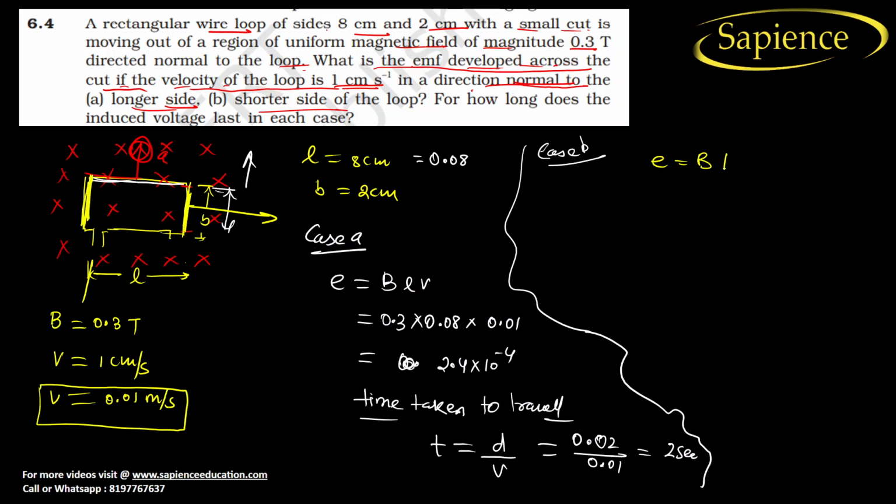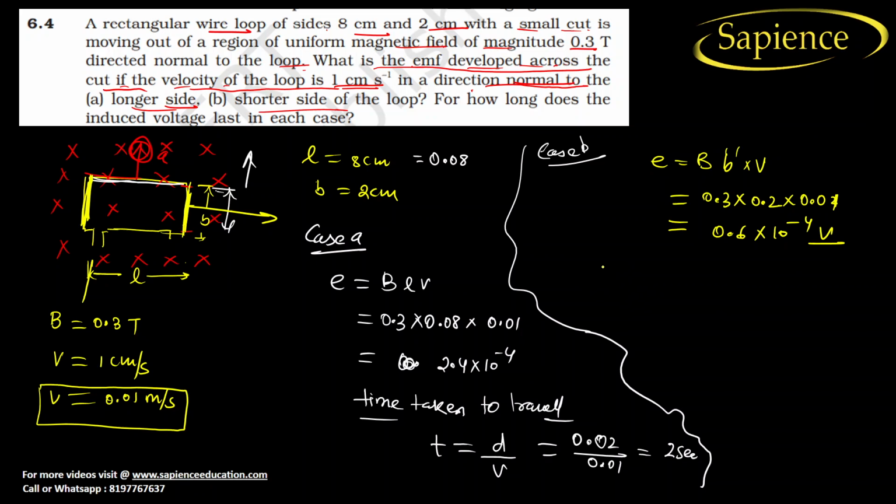So the length used will be the width, and the velocity. B is 0.3, into the width 0.2, into the velocity 0.01. When you multiply it, you get 0.6 into 10 to the power minus 4 volt. So this is the EMF.